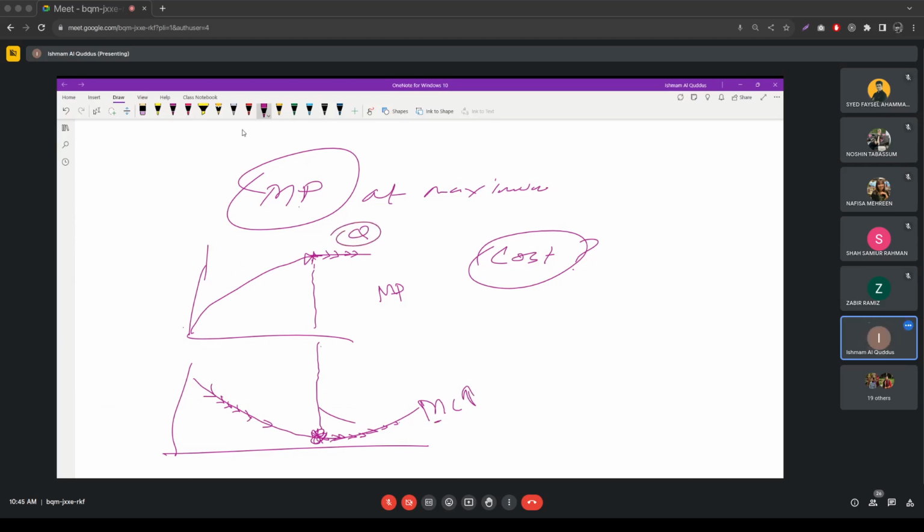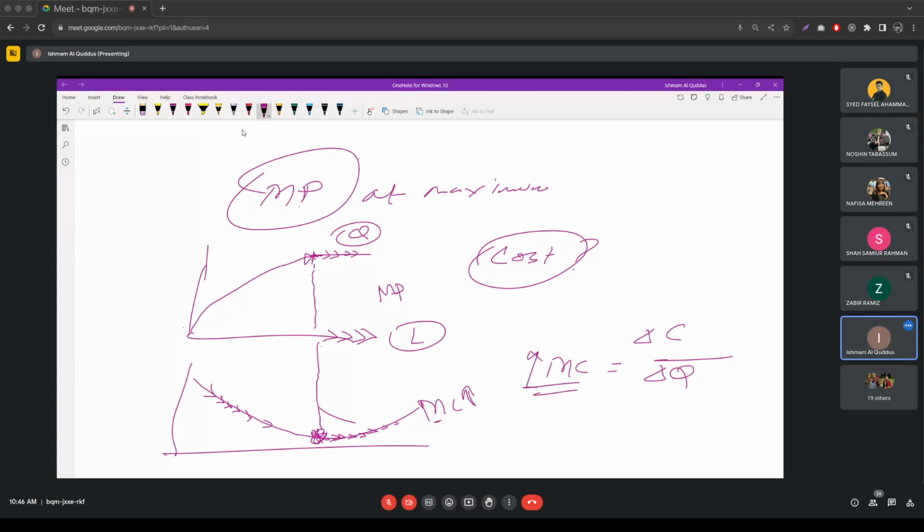Now marginal cost is nothing but del C divided by del Q. So if Q is unchanged and del C changes because you are hiring more people here. So remember labor. So you're hiring more people, so your cost will eventually increase because you have to pay more workers. That's why your MC increases.